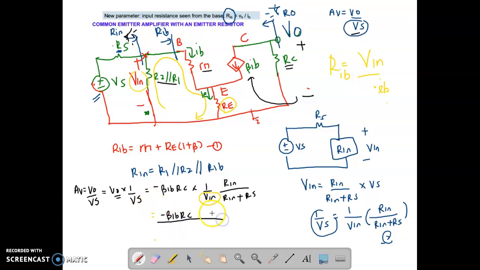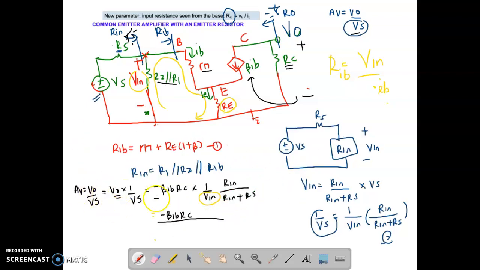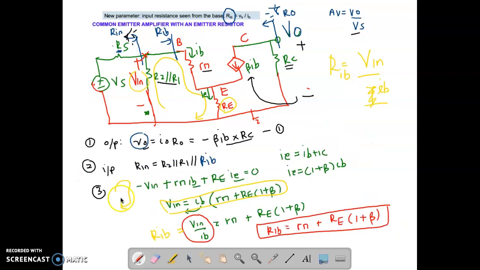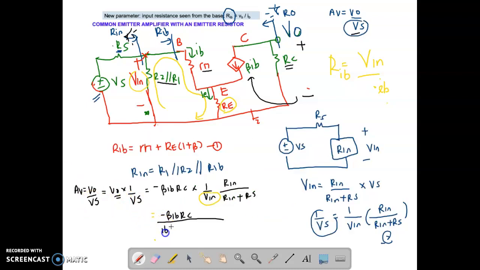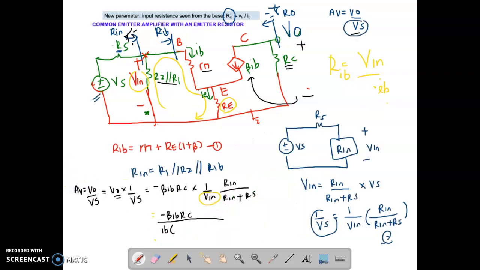Since it is 1 over Vin, it becomes 1 over the whole equation: IB (Rπ plus RE (1 plus beta)).